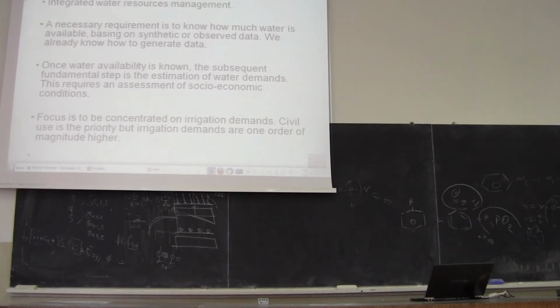Integrated water resources management was launched at the beginning of the 90s, about 20 years ago, and it's a concept which emphasizes the fact that water resources management should be studied by considering all the implications and large scales.